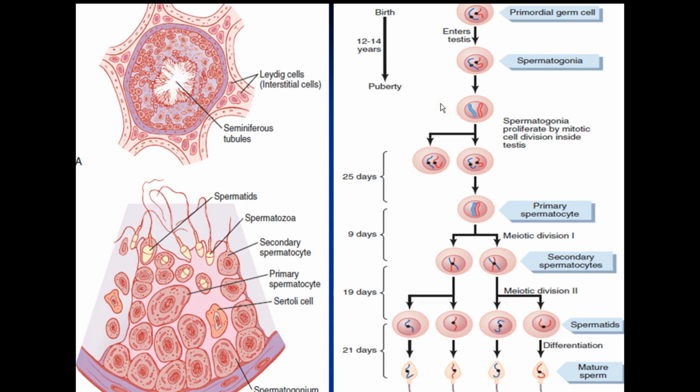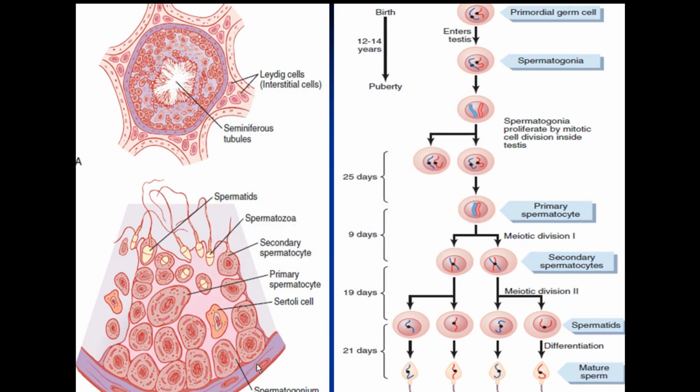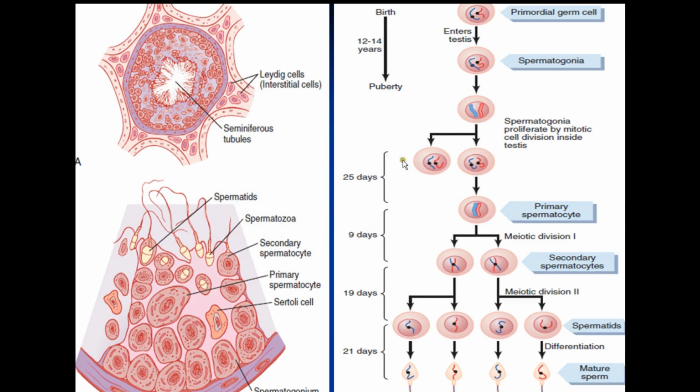So, the different stages of spermatogenesis: at the onset of puberty, the spermatogonia, which are the germinal epithelial cells, undergo several divisions, which requires about 25 days. After the 25 days, they are transformed into primary spermatocytes.